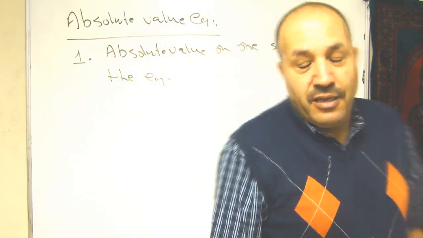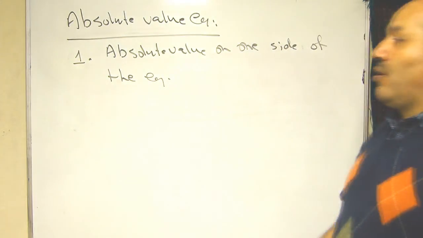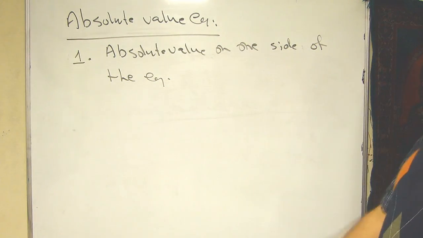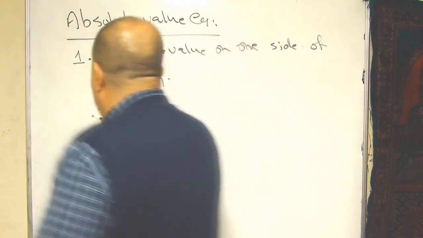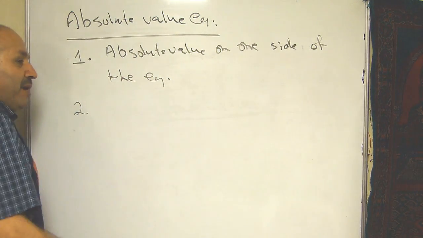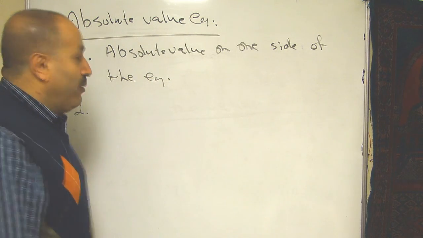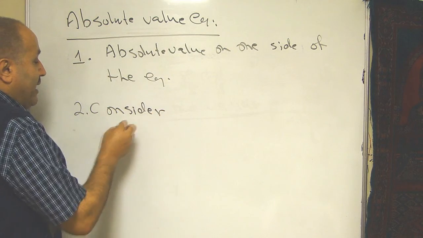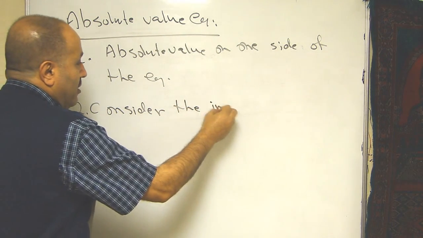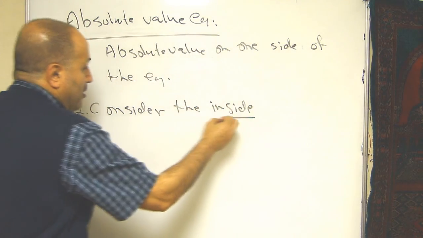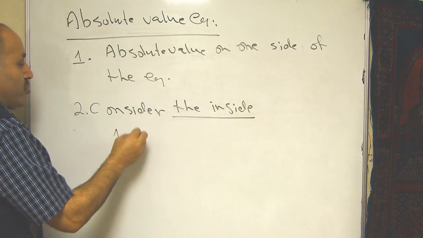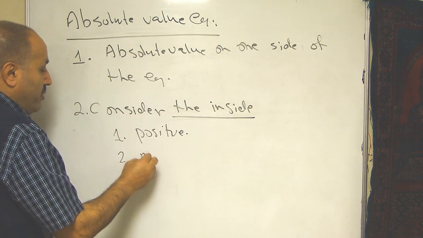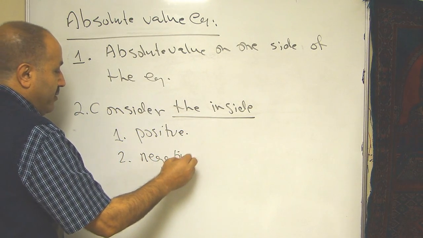If it was not on one side, or if we have something extra, we have to have the absolute value by itself on one side. And then, as we mentioned earlier about the absolute value, I will have to consider the inside: either it used to be positive or it used to be negative.